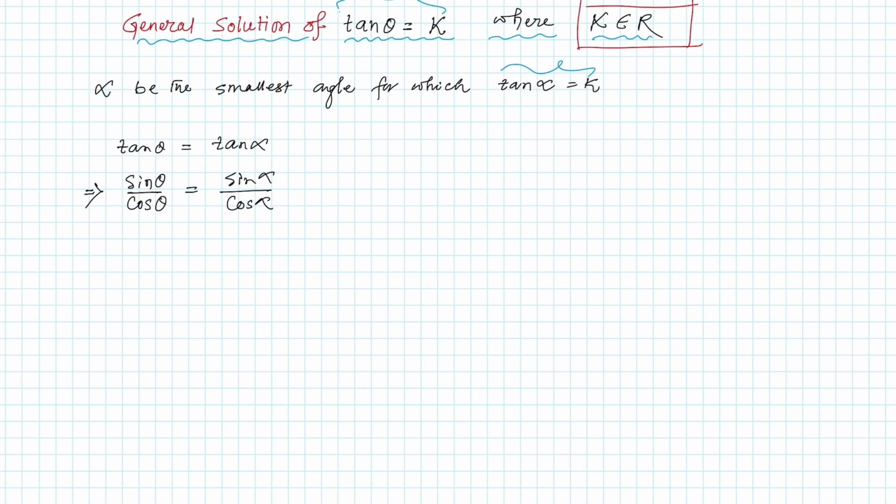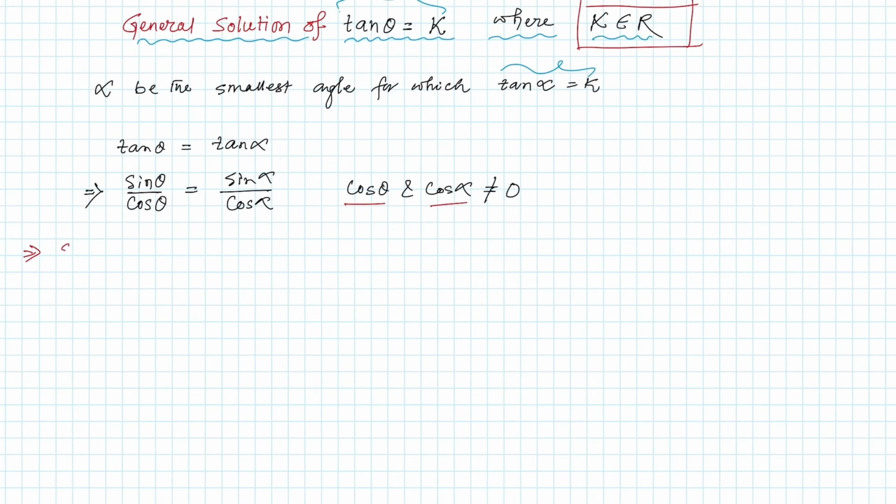Again we see here cos theta and cos alpha cannot be equal to 0, otherwise the terms on either side of the equation will not be defined.